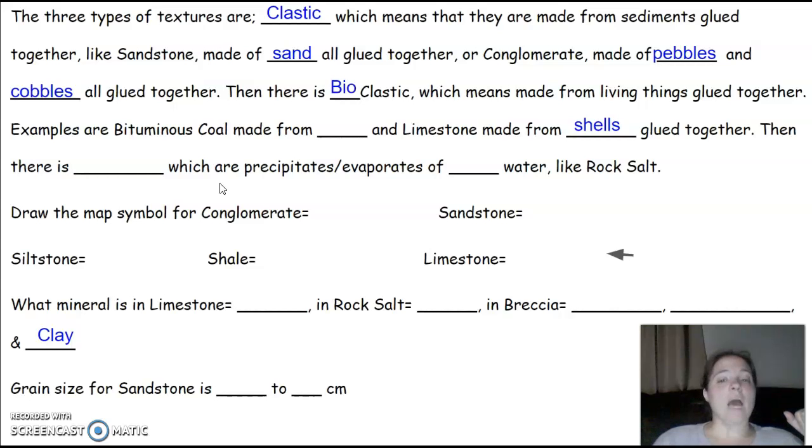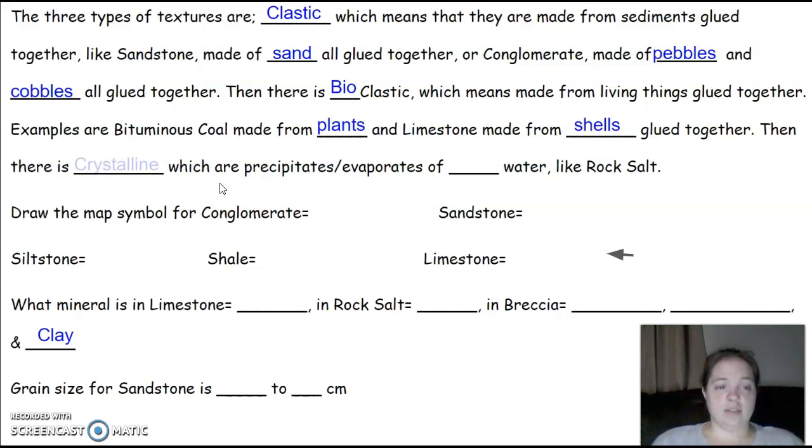Then there is bioclastic, which means it's made from what were living things glued together. An example is bituminous coal, which is made from non-degraded plants. And then you have limestone, which is made from shells from living things glued together.